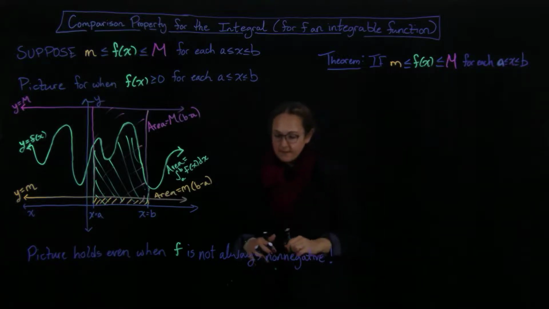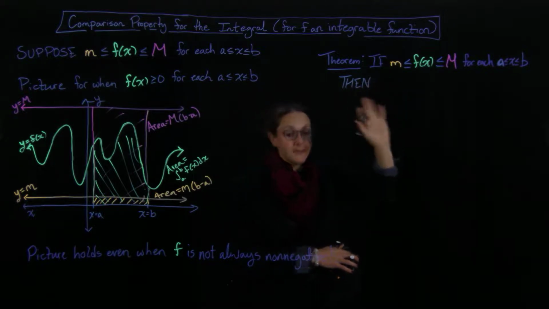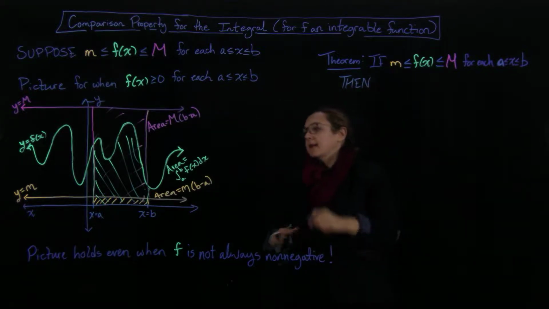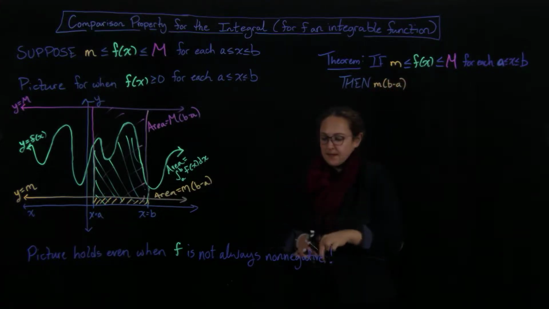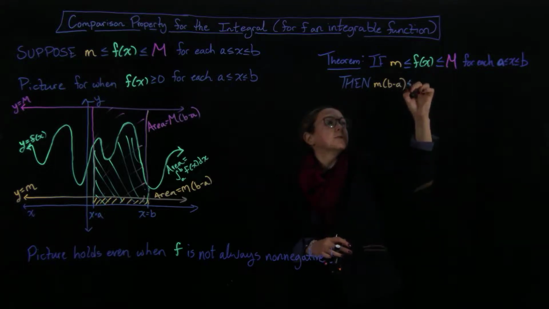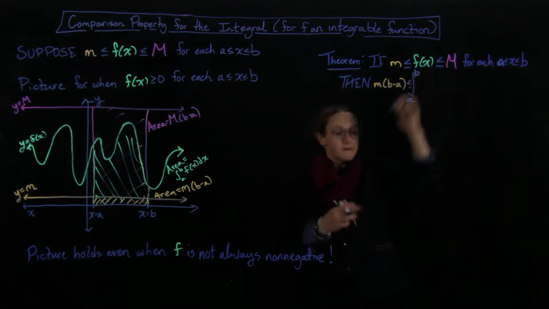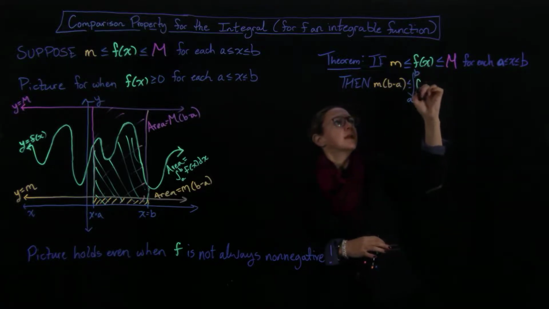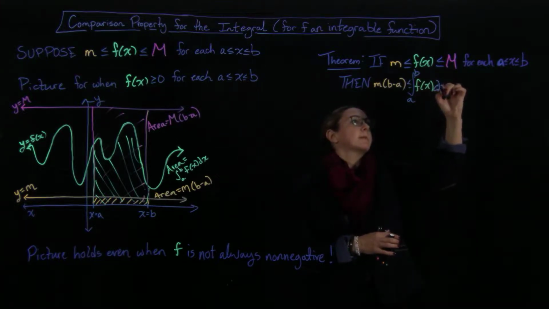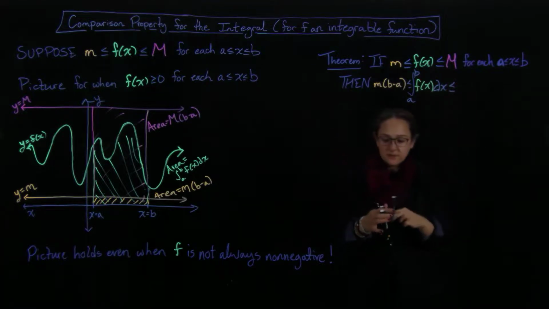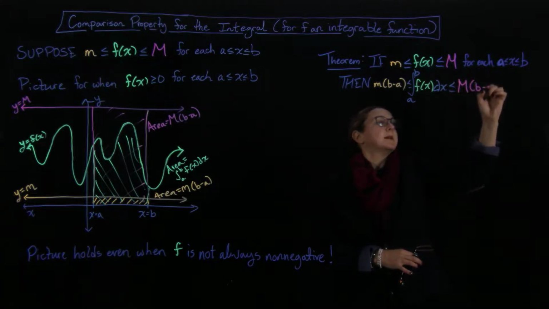Okay, then we know that if we're in that circumstance, we're actually going to have that this exact same thing holds, where I have m times b minus a is less than or equal to this integral, and I'm going to go from this a to this b of this function f of x dx, which is then less than or equal to big M of b minus a.